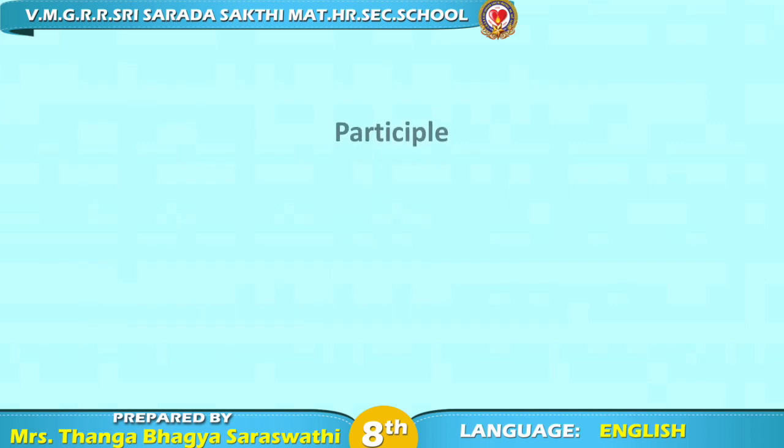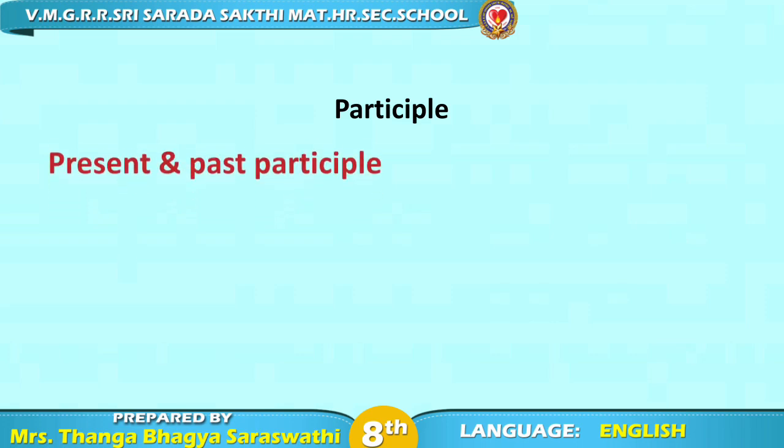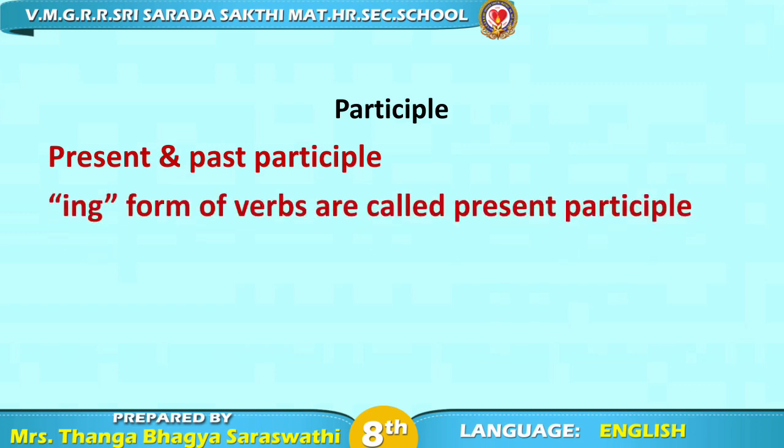Next one is participle. What is meant by participle? Generally participle is denoted as the third form of the verb, but it contains two divisions, present participle and past participle. So ing forms of verbs are called present participle.